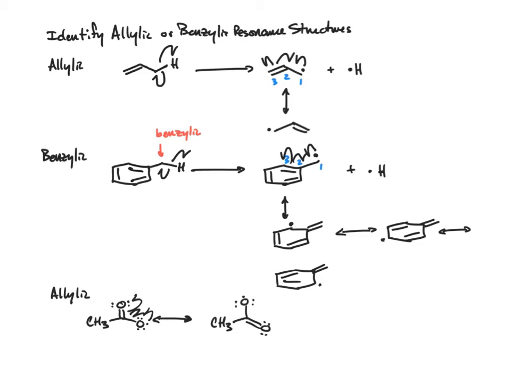But in these systems where you can delocalize, you're stabilizing that, so it brings the energy a little bit down. This has more resonance forms, which means it's more stable. So hopefully that's a little bit clearer to you. It helps. Yeah.